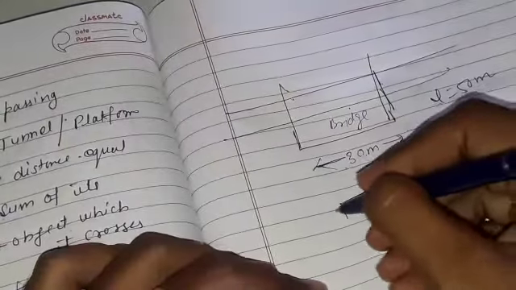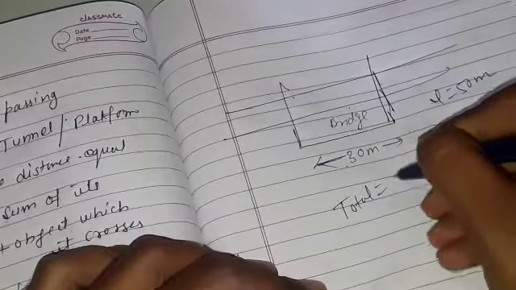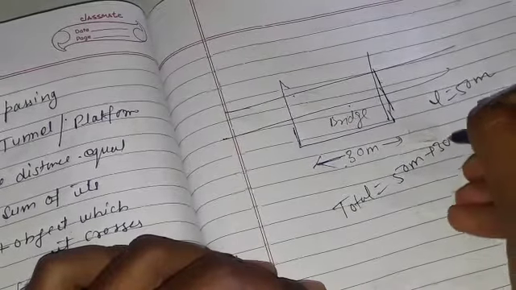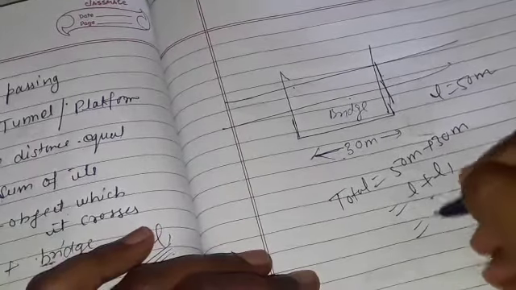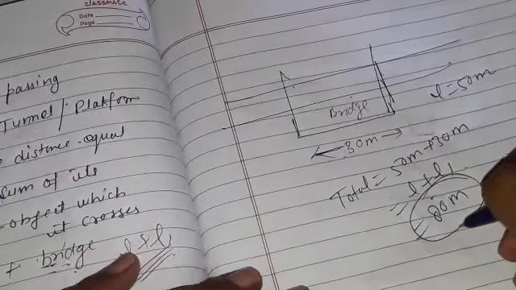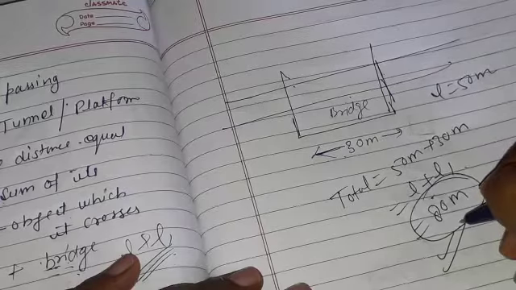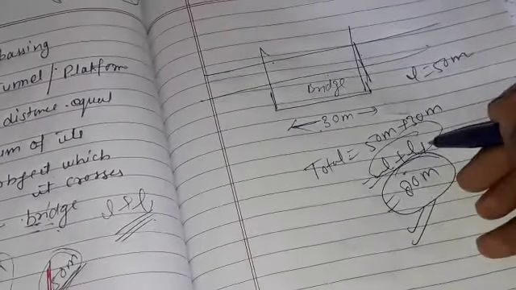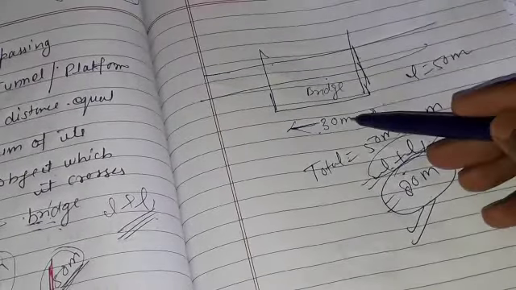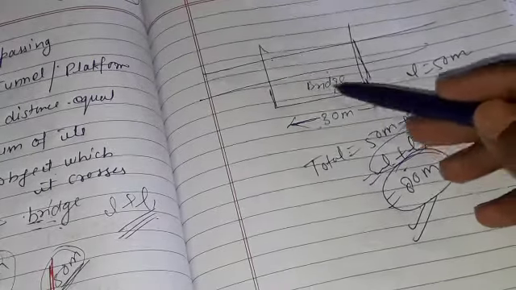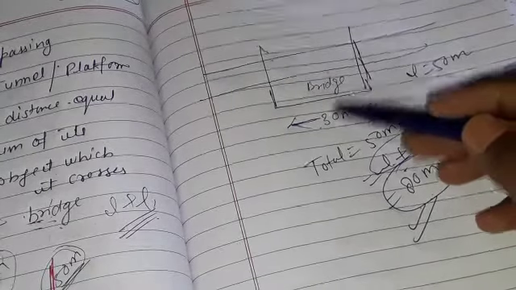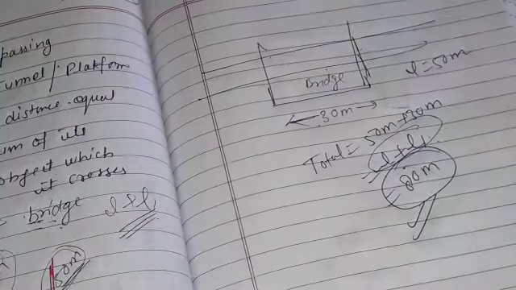It means the total length covered by the train is 50 meter plus 30 meter, or L plus L1, as we all know. So the train covers a distance of 80 meter. Remember L plus L1, the length of the train and the length of the object. If it is very small, then neglect it. If it is larger, then add them and you will get your answer.